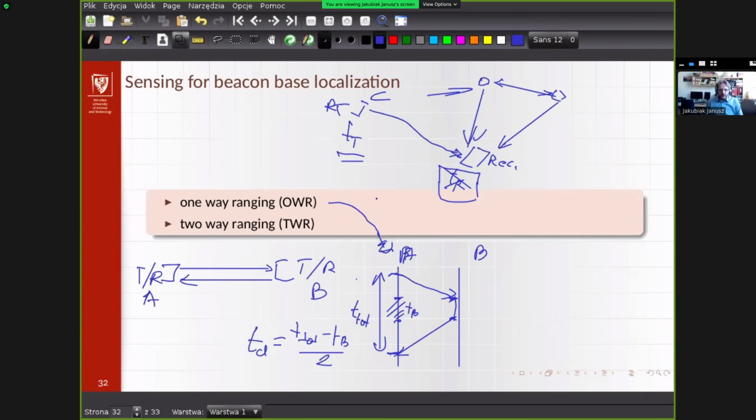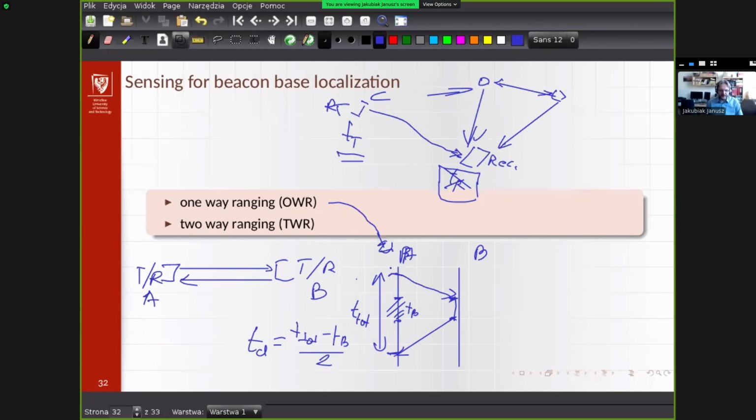In radio localization, radio beacons are also used for measuring the distance, sometimes using this simple approach, sometimes they duplicate it.